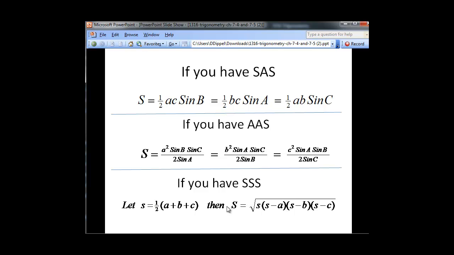Then the actual area is the square root of s times s minus side A, times s minus side B, and times s minus side C. So if you have three sides, you sum the sides, cut it in half, and we call it little s. And then the square root of little s times little s minus each of the sides will give you the area.